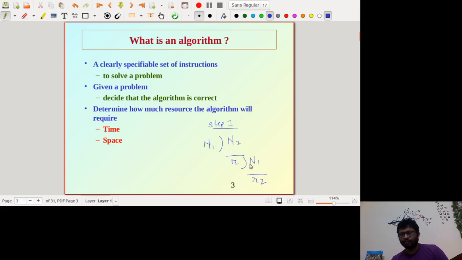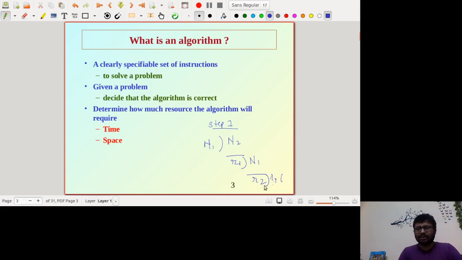So what did we do in step 2? n1 now plays the role of n2 in the preceding step, and r plays the role of n1 in the preceding step, and we obtain the remainder r2. Let's say this remainder is r1 after the first step. The next step, we divide r1 by r2 and continue.